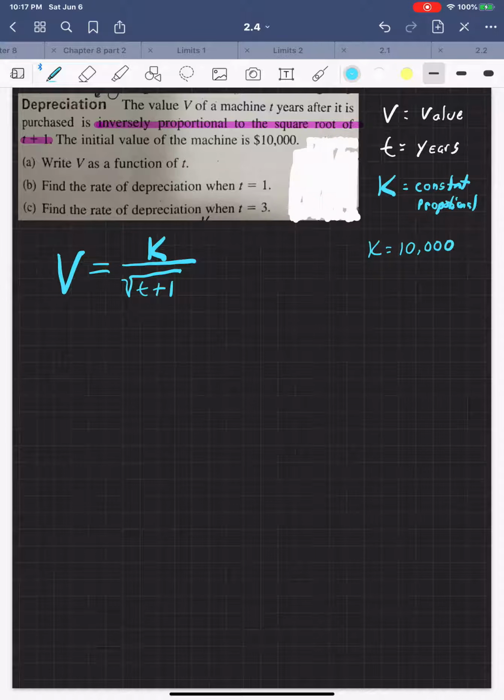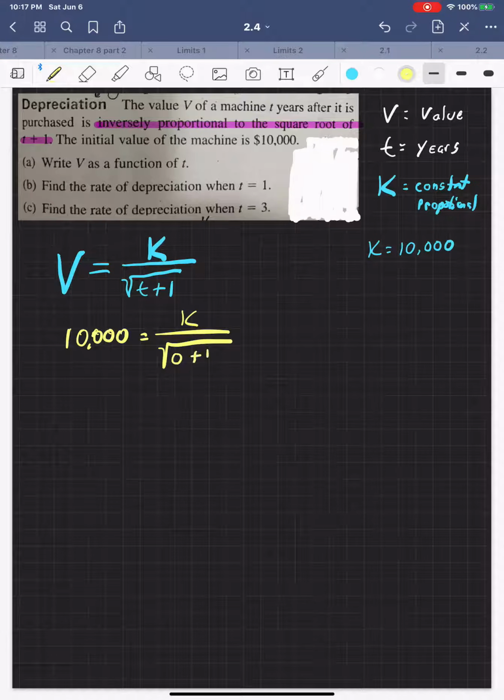You could plug 0 in for T because that's the initial time. If I let V equal 10,000, and it's when I first bought it, so time is 0, then do you see how it's just the square root of 1, which is 1? Do you see how K is equal to 10,000? Okay. So this is part A.